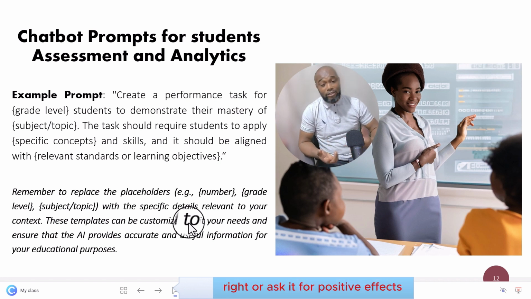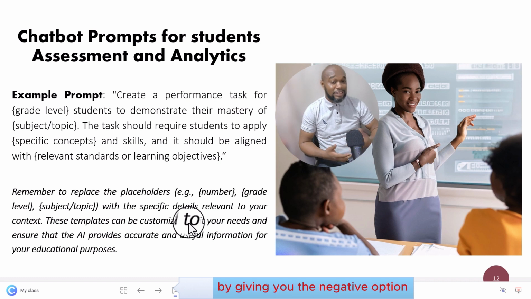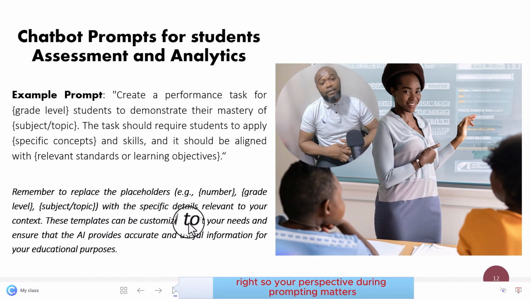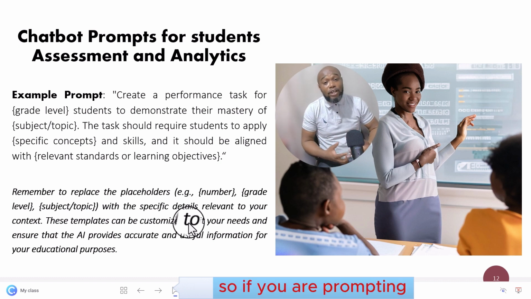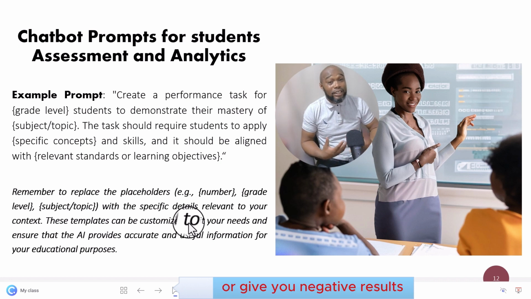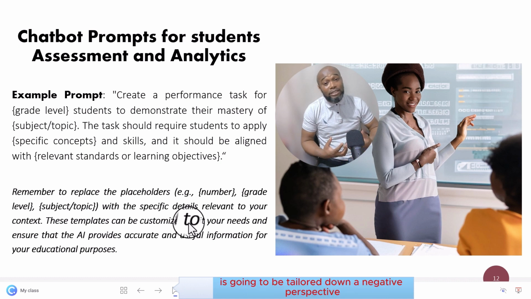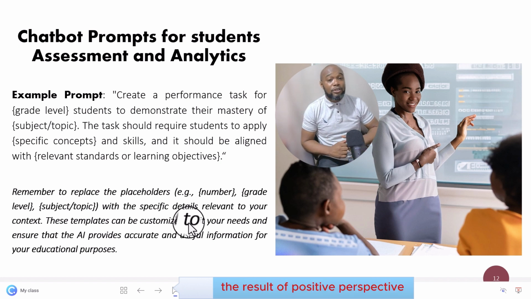Or you ask it for positive effects and it gives you the negative option, right? So your perspective during prompting matters a lot. If you're prompting with a negative perspective, it's going to respond negatively, not bad results, but tailored to a negative perspective. If you ask it from a positive perspective, it's going to give you the positive aspects.